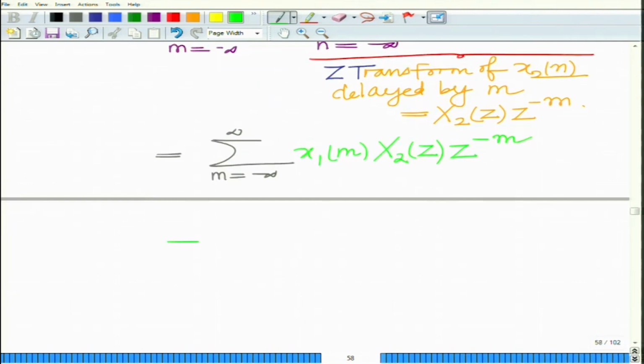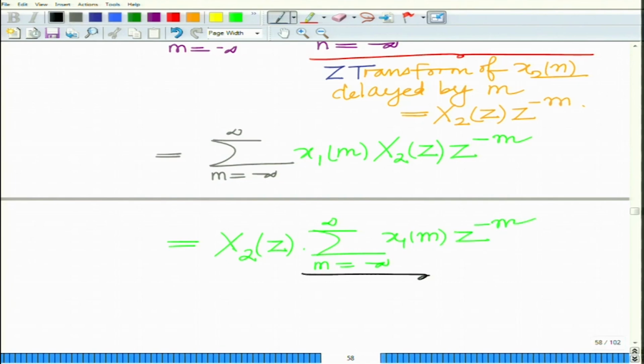Now, the x2 z comes out common. So, this is x2 z summation m equals minus infinity to infinity x1 m into z raised to minus m, and this you can clearly see is x1 z.